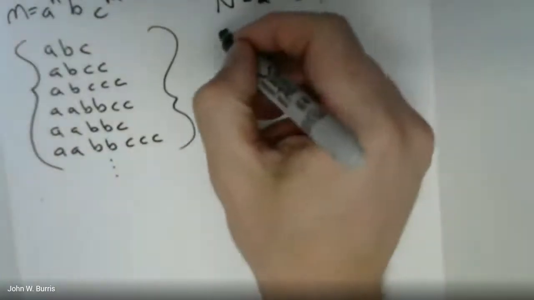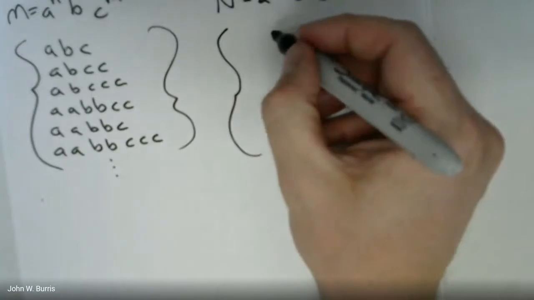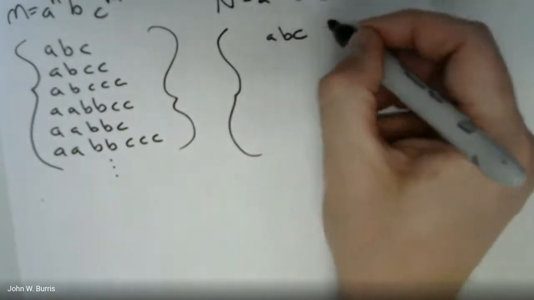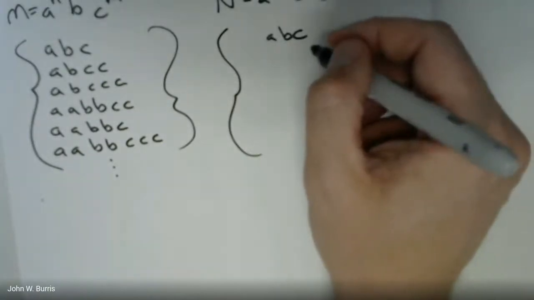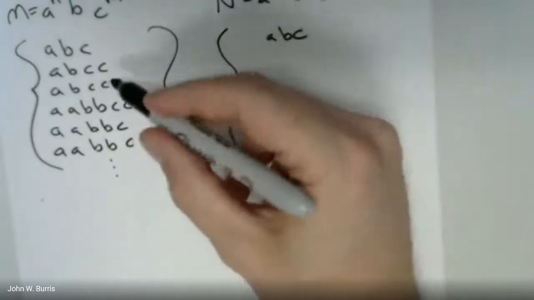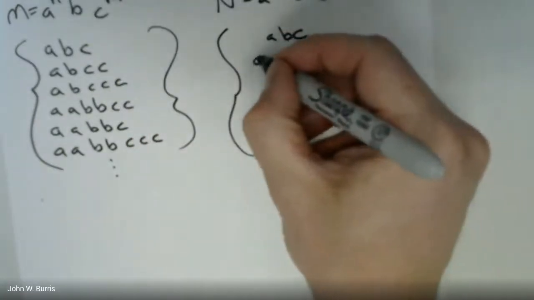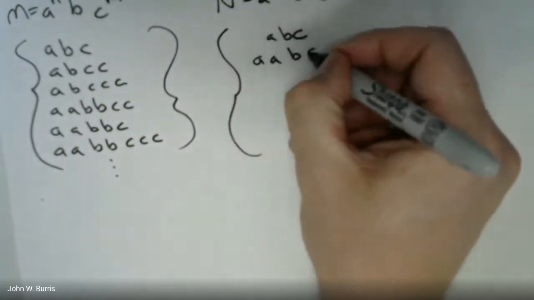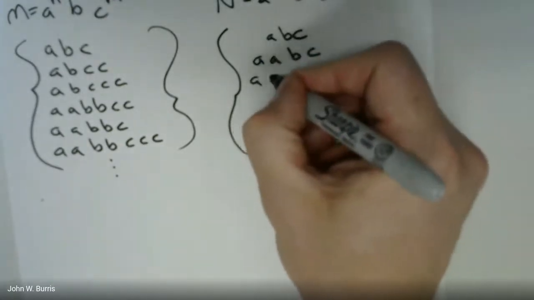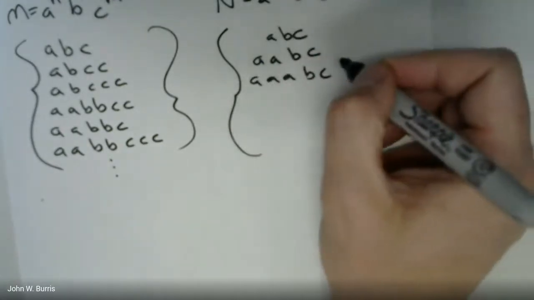So for N, we have kind of the opposite. ABC is in N too, but ABCC is not. You could have AABC. You could have AAABC.